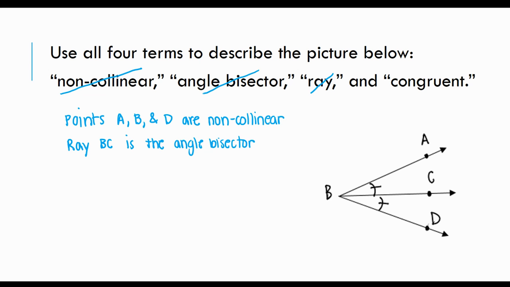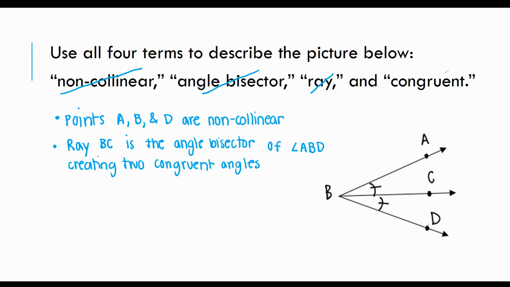So that takes care of ray, that takes care of angle bisector. So ray BC is the angle bisector of the angle ABD, creating 2 congruent angles.